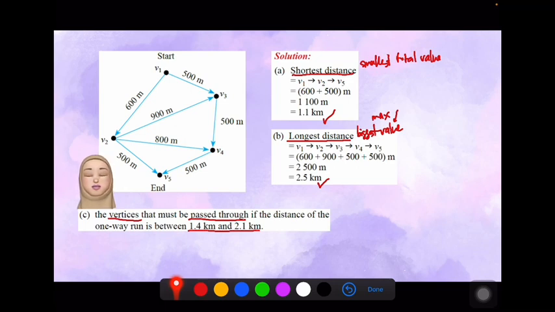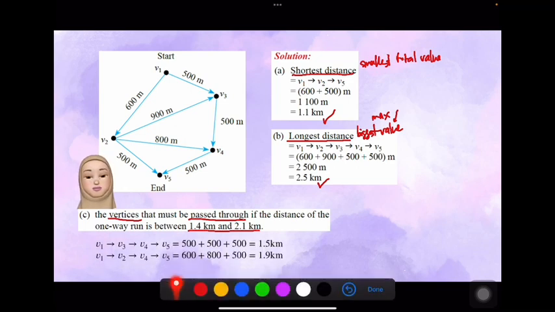If we choose the route from V1 to V3, followed by V4 and end at V5, you will have a distance of 500 plus 500 plus 500, where the value is between 1.4 and 2.1 kilometer because the value is 1.5 kilometer. So we already have the first answer.